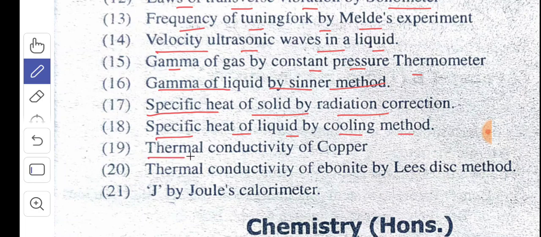Next is thermal conductivity of copper and thermal conductivity of ebonite by Lee's disc method, and J by Joule's calorimeter. Now this is the whole syllabus for part 1 physics honors students.